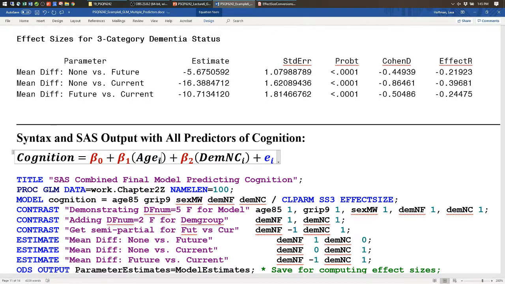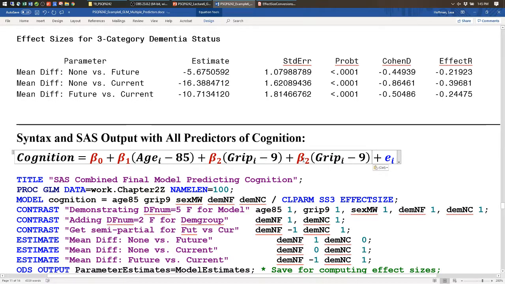Age minus 85 should be there. Beta 2 is grip sub i minus 9. Beta 3 is gender, which I had said sex MW underscore i. And I don't need a 9 on that.